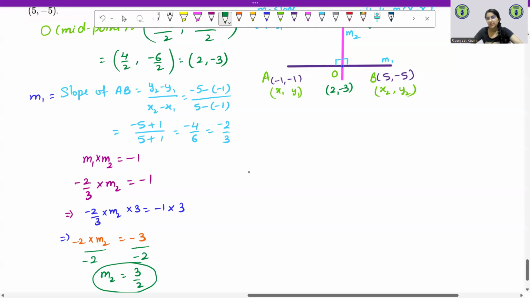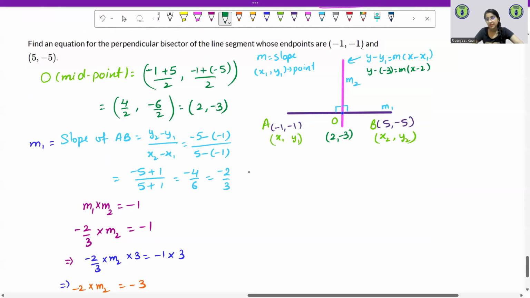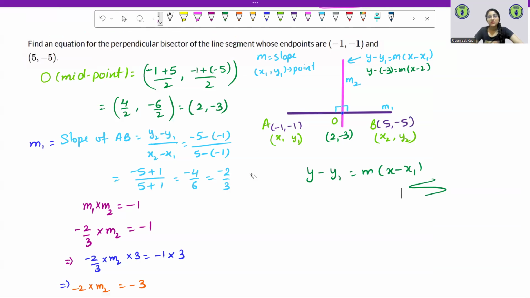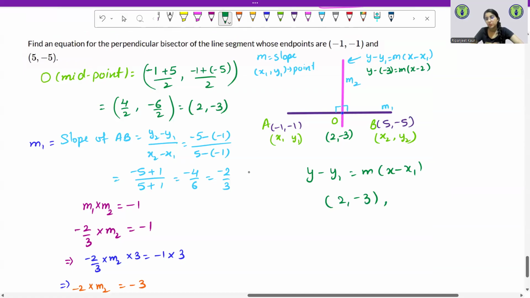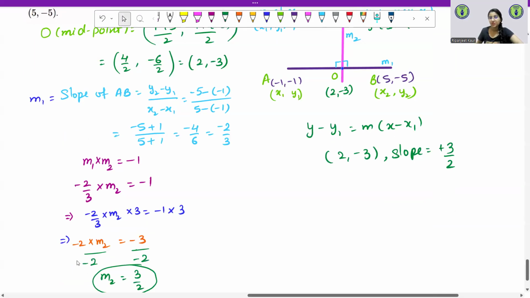Great. So we had this line y minus y1 equals m times x minus x1. We got the point which is (2, -3). We found the slope is 3 halves, right?